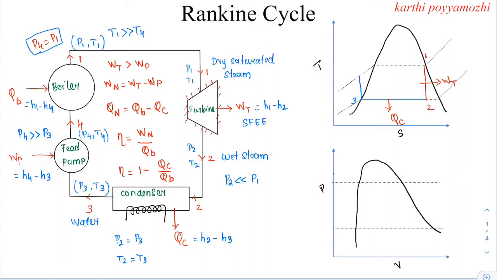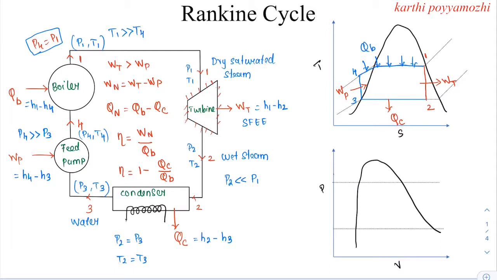This is 3 to 4, where work is done to the system, which is nothing but WP. And from 4 to 1, the heat is being added to the system, that is to the boiler, which is nothing but QB.